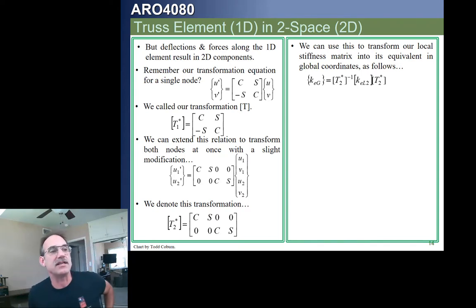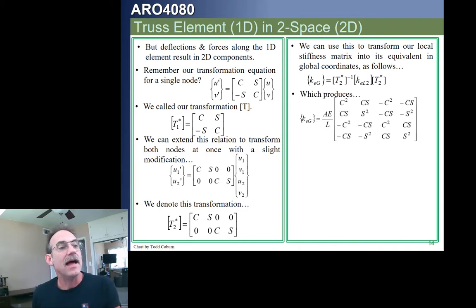And that will give us the global elemental stiffness matrix, or the element stiffness matrix in global coordinates. Once we have that, we're ready to assemble our global stiffness matrix. Okay? That means our stiffness matrix for the element is going to look like this.